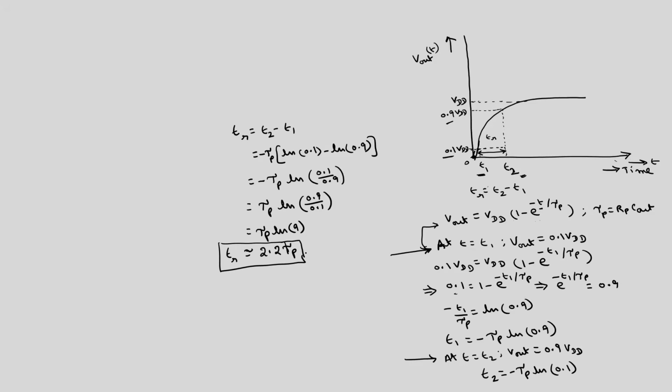Similarly, to find out the fall time, fall time is defined as the time taken to change from 90% to 10%. This is the reverse of the rise time.